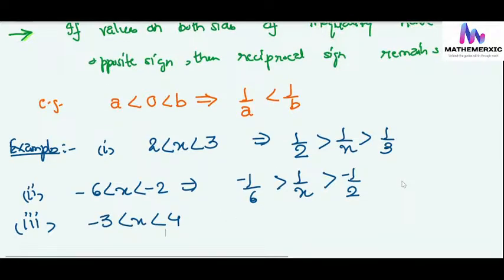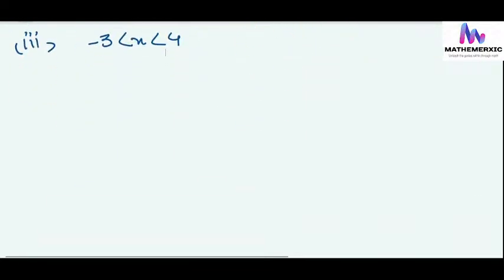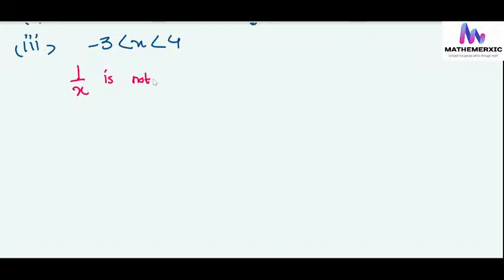So here we have to work it out. So for this particular part, x is greater than minus 3 and less than 4. So 1 by x is not defined.